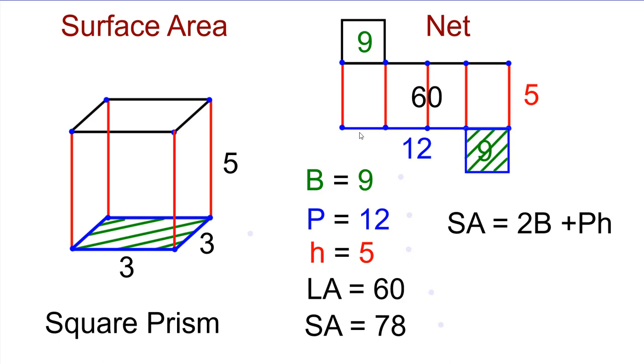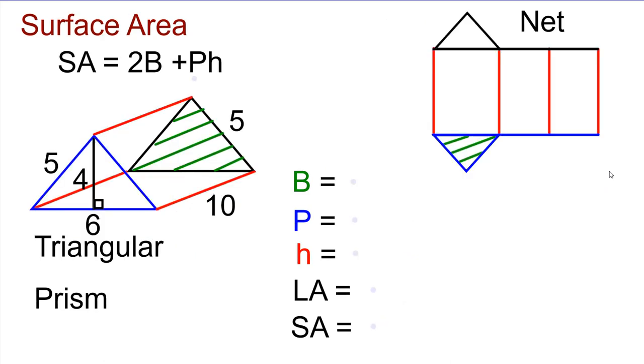That's multiplied by the height of the lateral area, which is the distance in between the two bases, a distance of 5. So perimeter times height is the lateral area, 60, plus the 2 bases. And that's it. So this is your formula for the surface area of a prism. Not too bad.